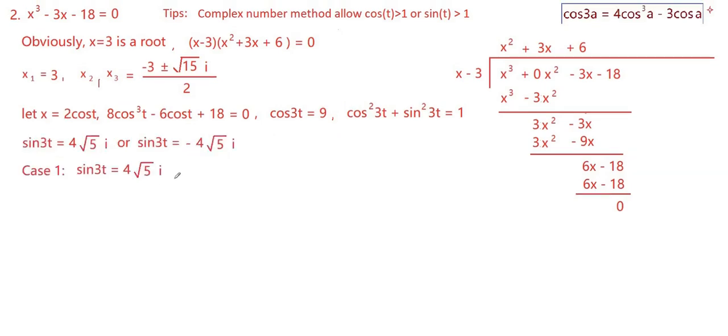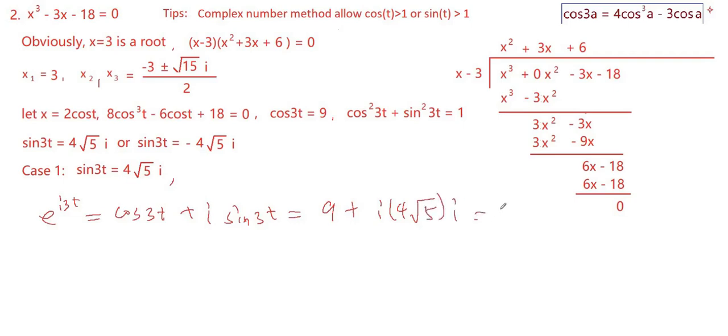For case 1, we have e to the i3t equal to cosine 3t plus i sin 3t. It is 9 plus 4 root 5 i equal to 9 minus 4 root 5.